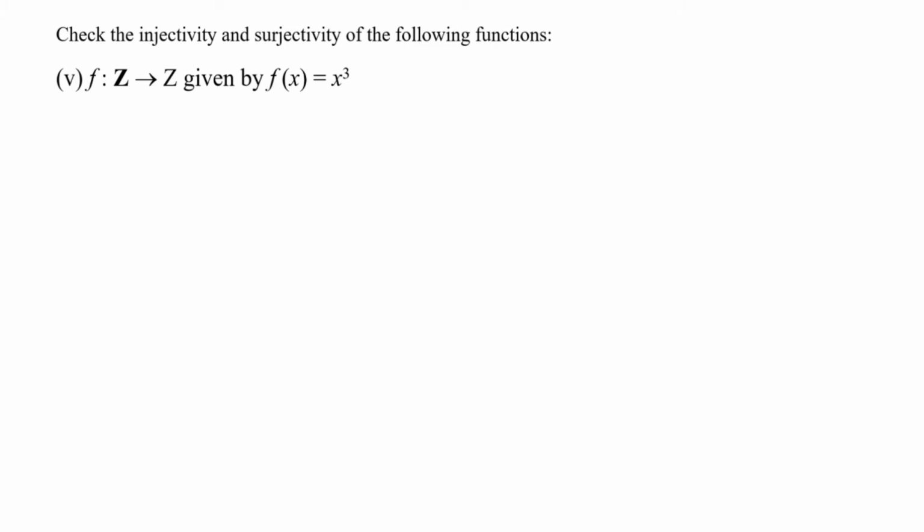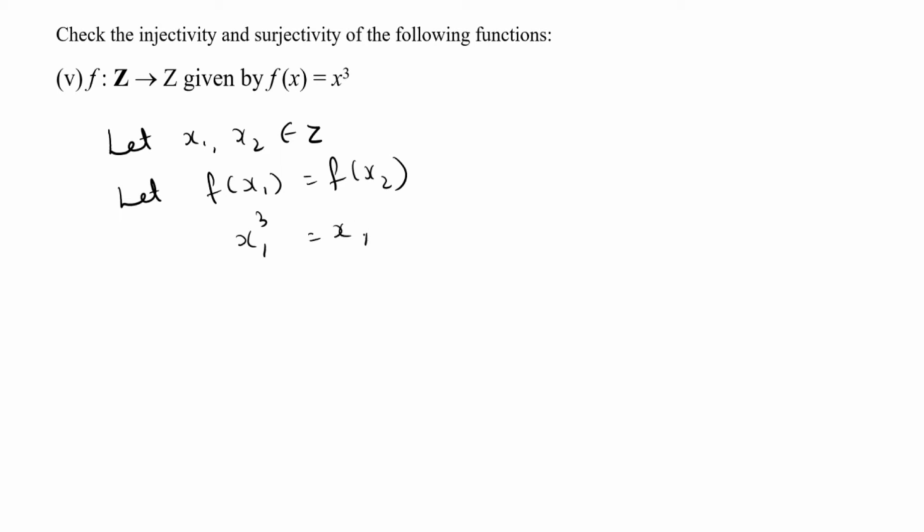Next one, the function f from the set of integers to the set of integers given by f of x is equal to x cube. So here we can see that f is one to one. Let us take x1, x2 belong to Z and let f of x1 equal to f of x2. Then we have x1 cube is equal to x2 cube.